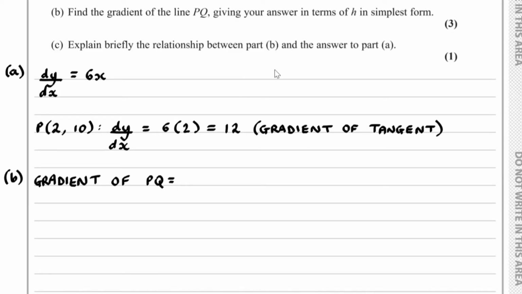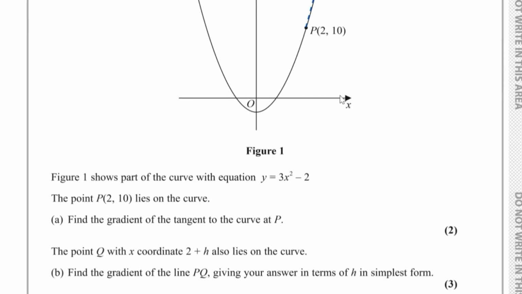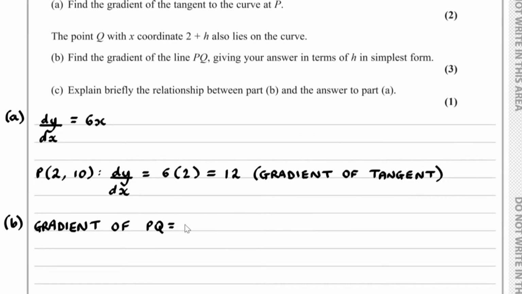The gradient of PQ then, we have the change in y: 3 lots of 2 plus h all squared minus 2, and then we subtract off 10, so that's the change in y. And then the change in x, we have 2 plus h minus 2.